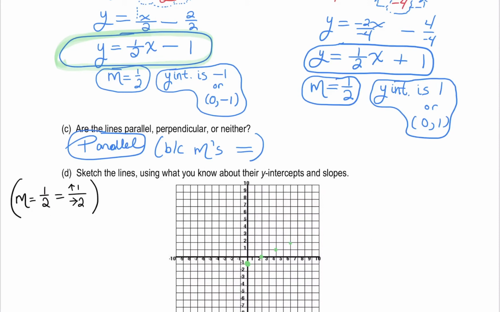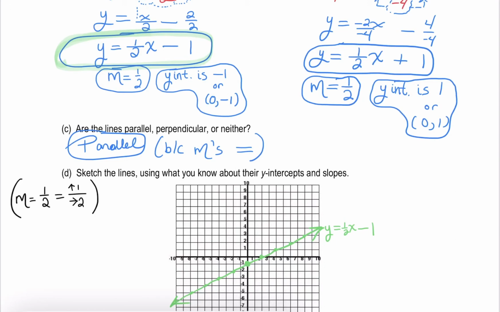That's the nice thing about slope, even without a ruler, and sometimes even better than a ruler, is extending the slope in both directions. And so this is my first line, y equals 1/2 x minus 1.